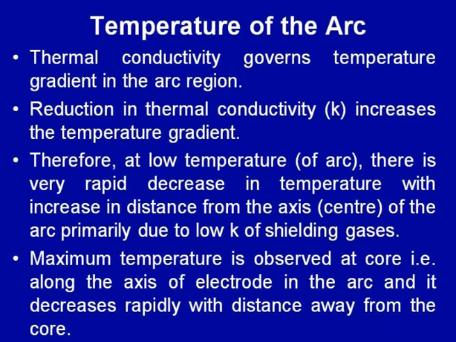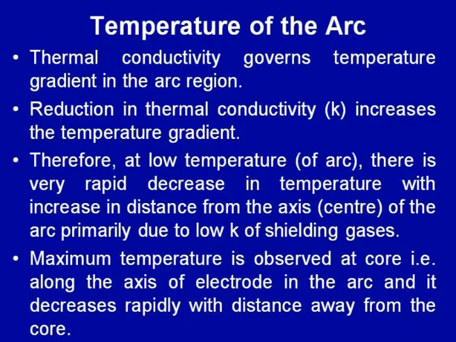Greater thermal conductivity means a lower temperature gradient, and a reduction in thermal conductivity leads to an increase in the temperature gradient. So, sharp temperature gradients are observed mainly in the case of low thermal conductivity shielding gases like argon as compared to helium gas.